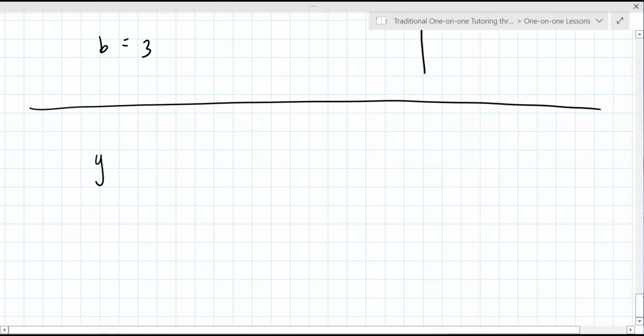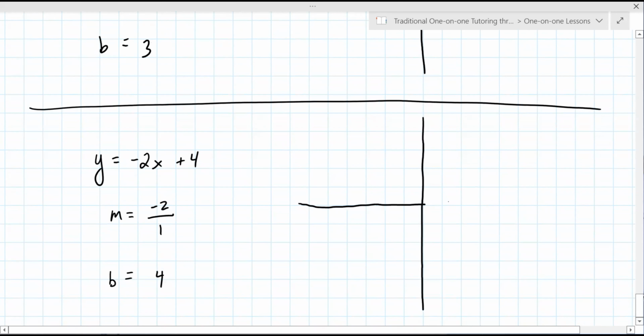Let's go y = -2x + 4. What is the slope and what is the b value? The slope is -2, the b value is +4. And the slope is really -2 over 1. So here's what I want you to do, Jeremiah. I want you to graph 3 points for me on your paper.